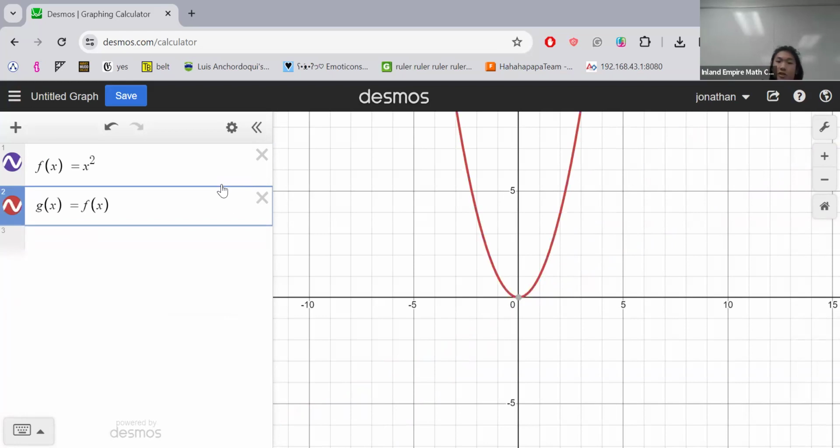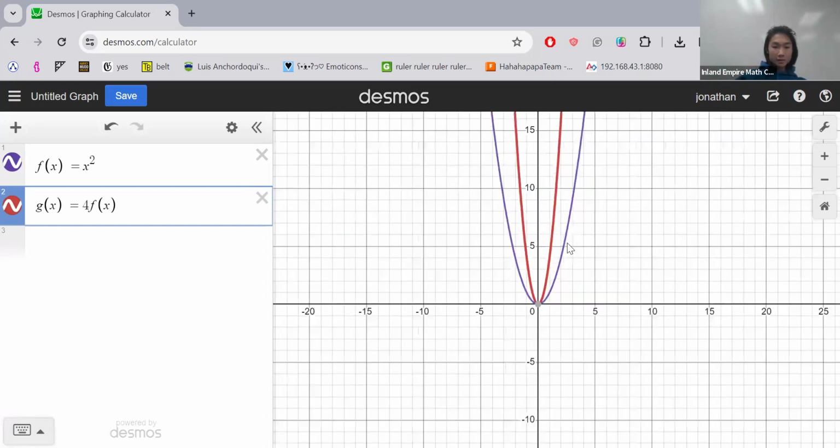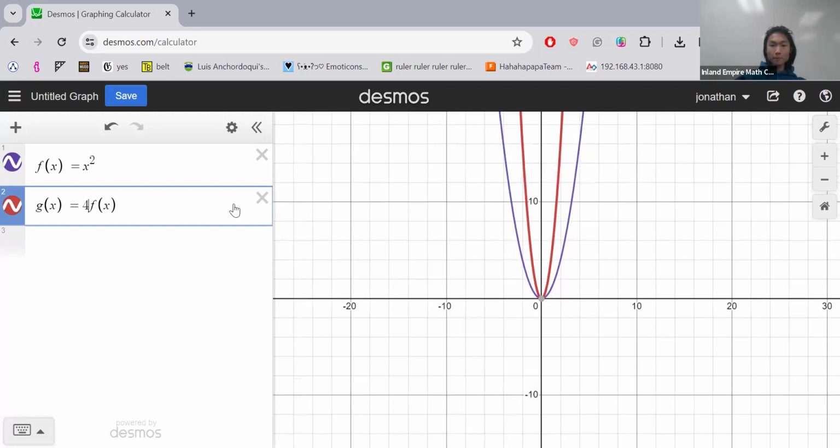If I put this to 2, it's going to double all of our outputs. Right? So what is that going to do? It's going to stretch the function this way because everything is going to be double, or it's going to look shrunk. Right, so I put 2 here, so you can see, there you go. That red line here, or to make it more obvious, let's say 4. It's skinnier than the purple line, purple curve.